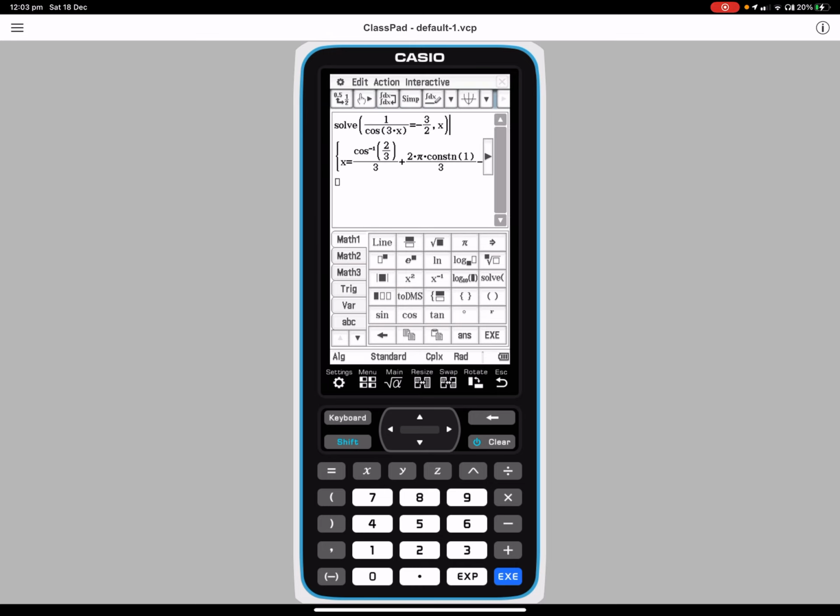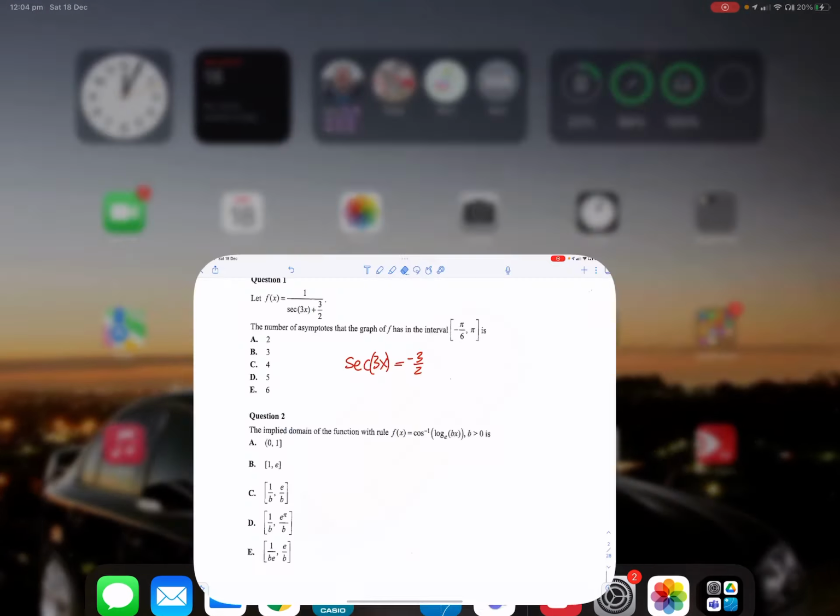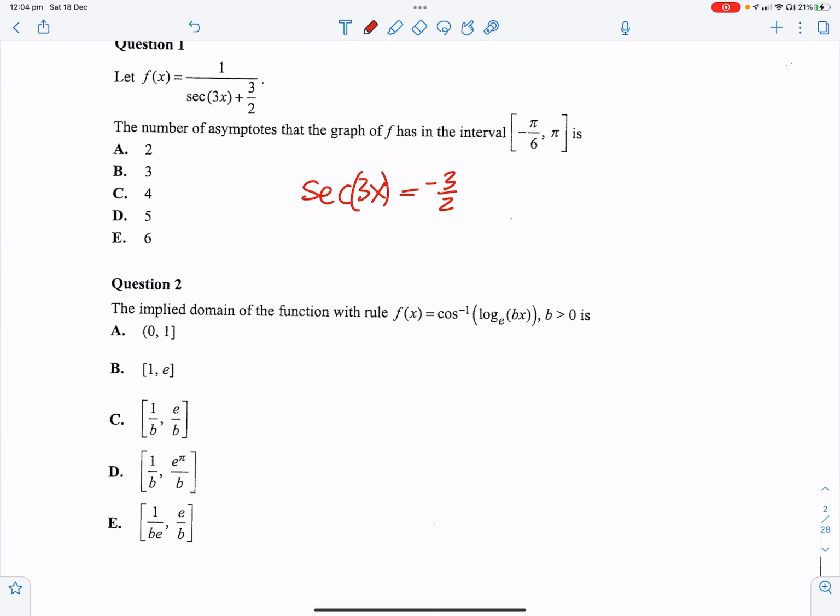Solve, but we only want it, I think it was between negative pi on 6 and pi. Is there 3 solutions there? Yeah, there's 3 solutions. There's no horizontal asymptote because sec graphs don't have horizontal asymptotes, so it's just 3.